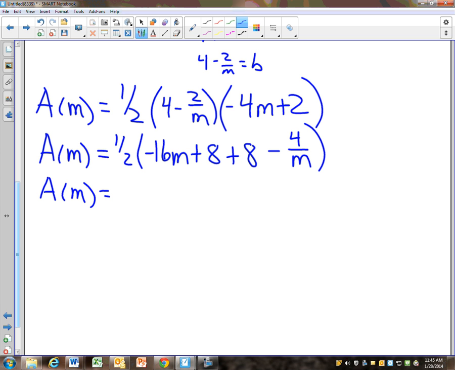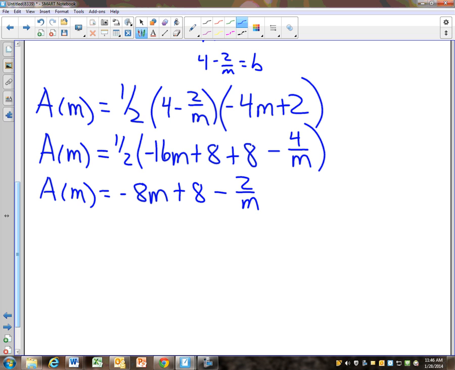Very good. Negative 16m times 1/2 is negative 8m, plus 8 times 1/2 plus 8 minus 2 over m.